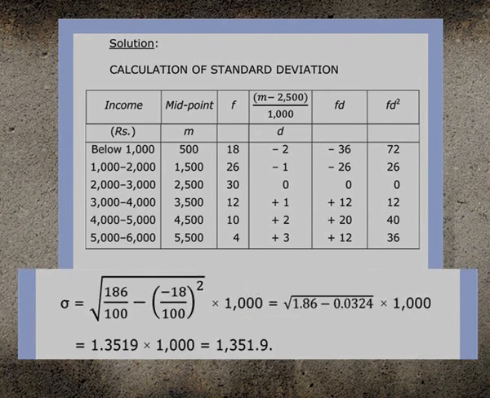Now putting these values in the formula, we get sigma equal to the square root of 186 divided by 100 minus, in the bracket, minus 18 by 100, the whole square, times 1000, which is the square root of 1.86 minus 0.0324 times 1000, that is 1.3519 times 1000, which is equal to 1351.9.